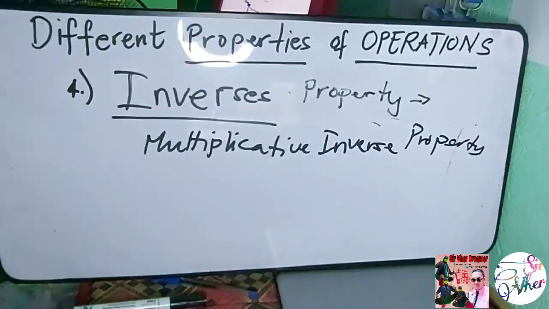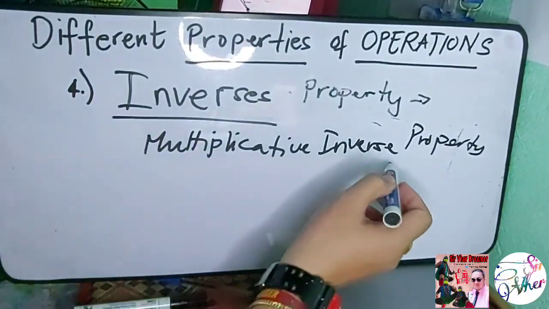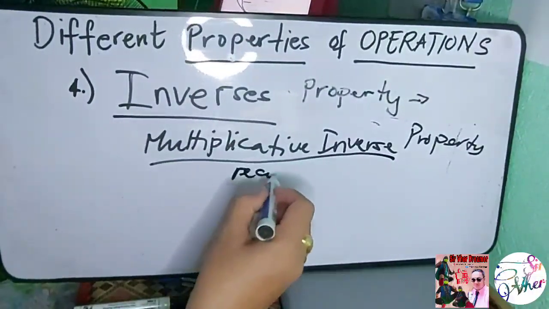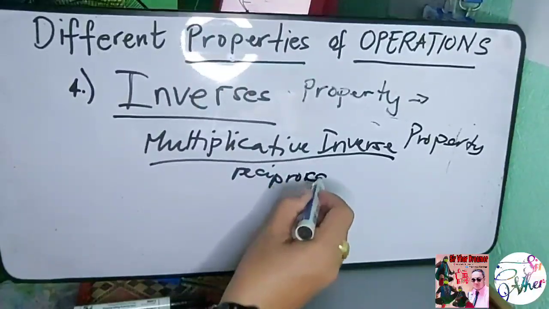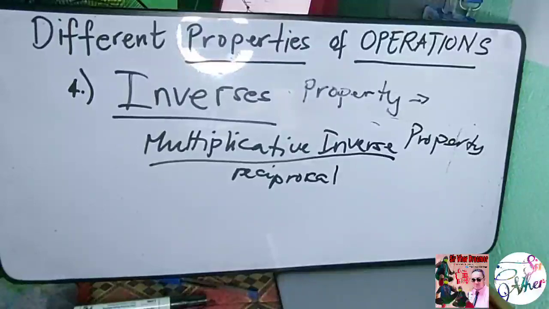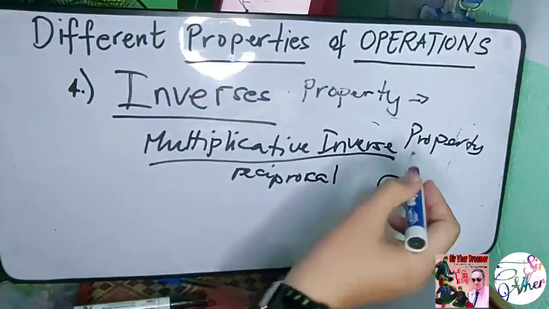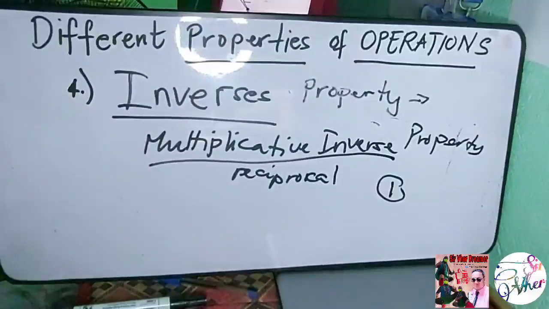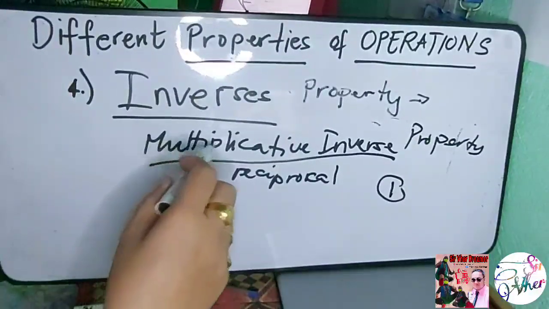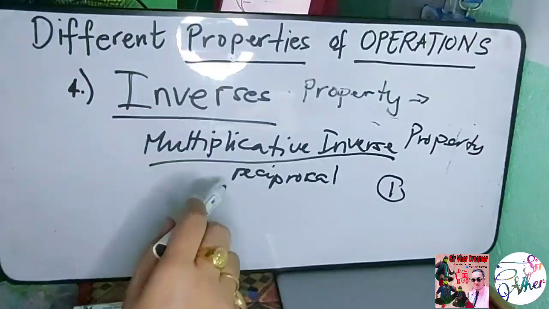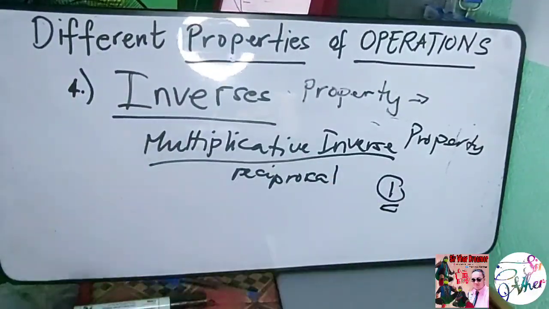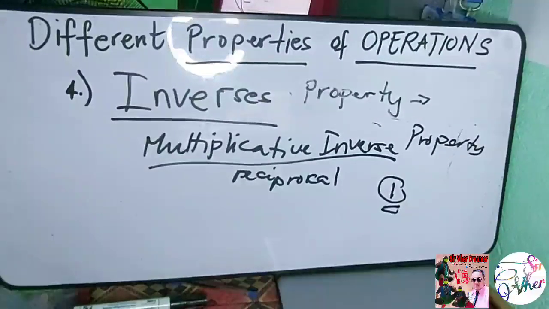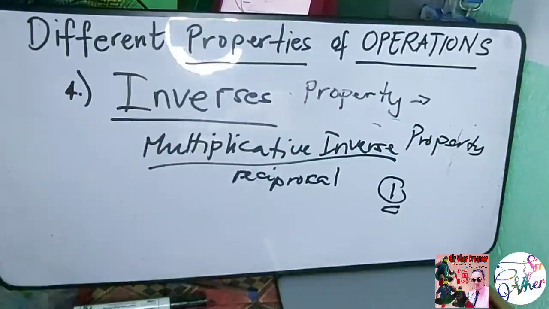The product of a number and its multiplicative inverse, or reciprocal, is always 1. For any number A, the multiplicative inverse is 1 over A, where A is not equal to 0.